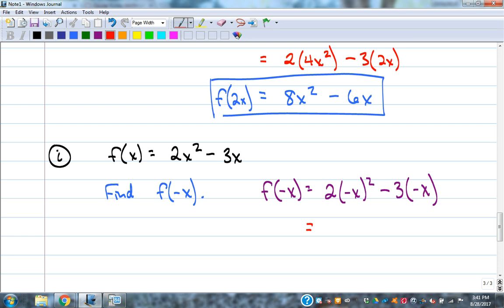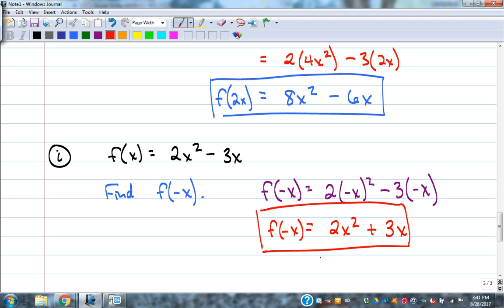Negative x times negative x would be positive x squared. It's really just 2x squared there. And then we can do the math here. Negative 3 times negative x, negative times negative turns into positive 3x. And there's f of negative x. We found it. So finding a function value, even if we're not given just a regular number, we can still plug it in there and work it out. It's not a big deal. It's just some algebra.